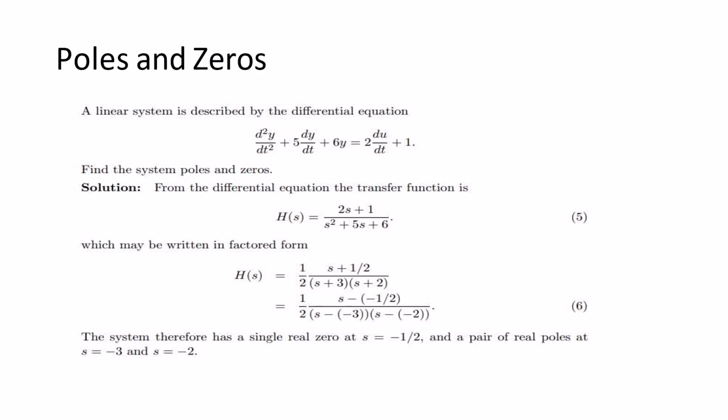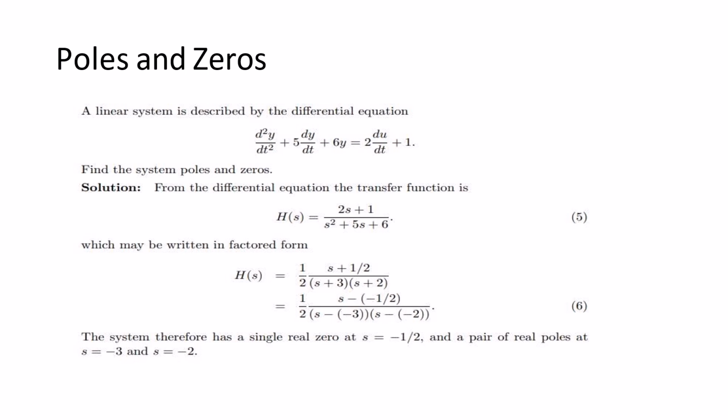In the numerator we have 2s plus 1. If you equate the numerator to 0, the root you get gives the location of the zero. Now in the denominator, the highest order of s is 2. So in this system we will have 1 zero and 2 poles.